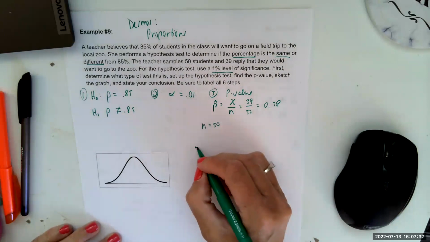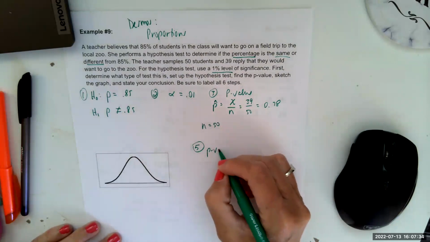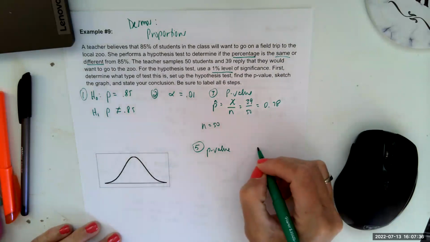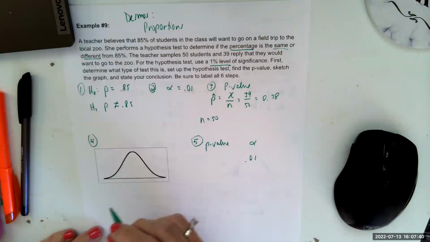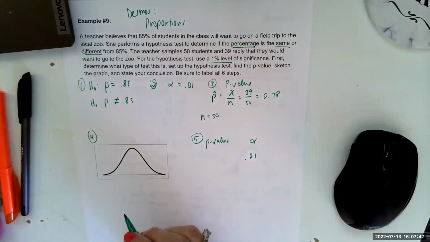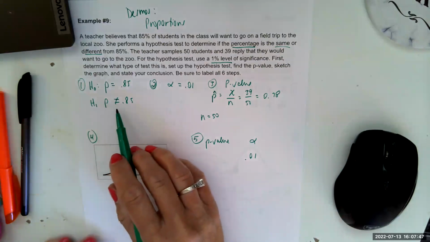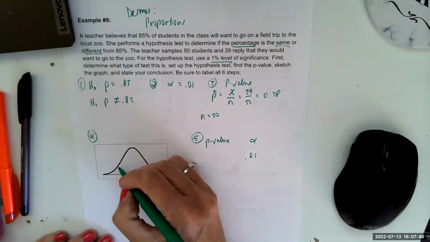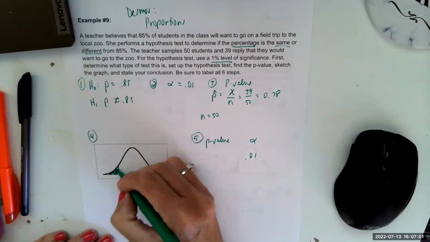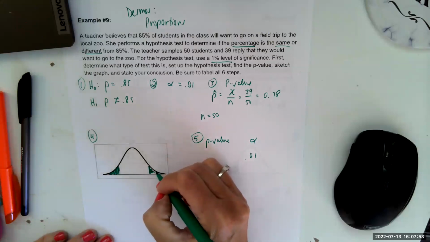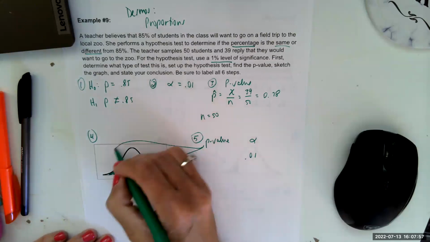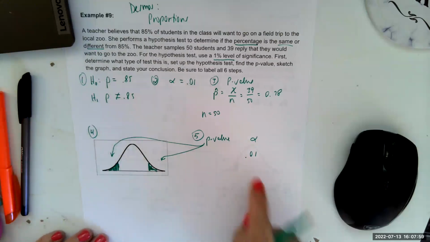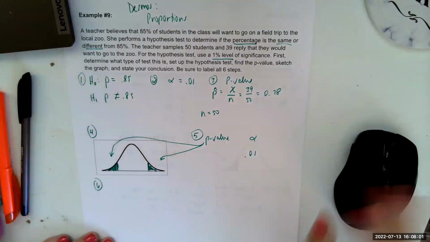And so we're going to get our p-value and compare that to alpha 0.01. Okay, and in step 4, it's a not equal to here from our step 1. So that means we're going to have a two-tailed graph here. And our p-value is going to be split. But our p-value altogether is what we compare to 0.01 to make our decision.